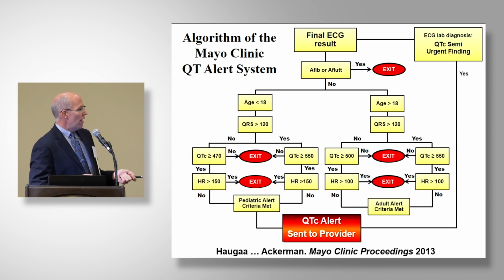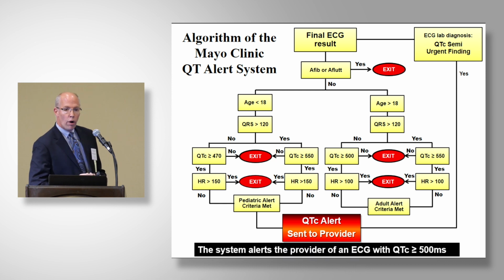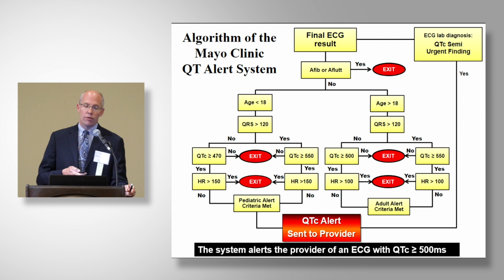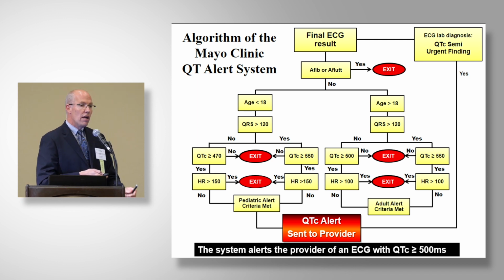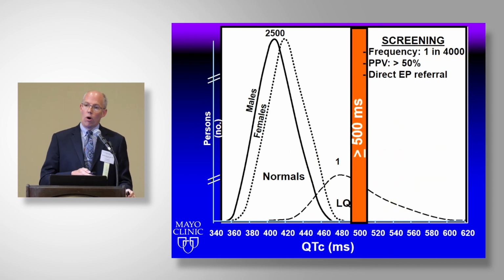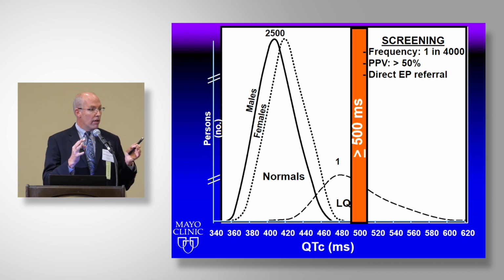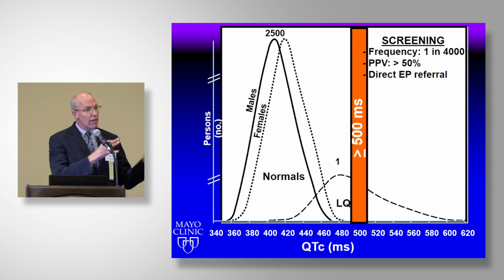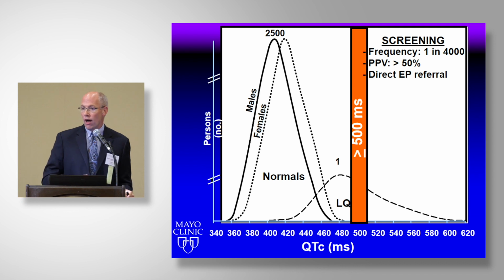We have felt that the 500 line is so important that we have set up an institutional QT alert system where, no matter whether you are a psychiatrist or an electrophysiologist who ordered the electrocardiogram, if your patient has a QTc at 500, you are alerted, so that we decrease the QT gap between those who are QT clueless and those who are QT aficionados.